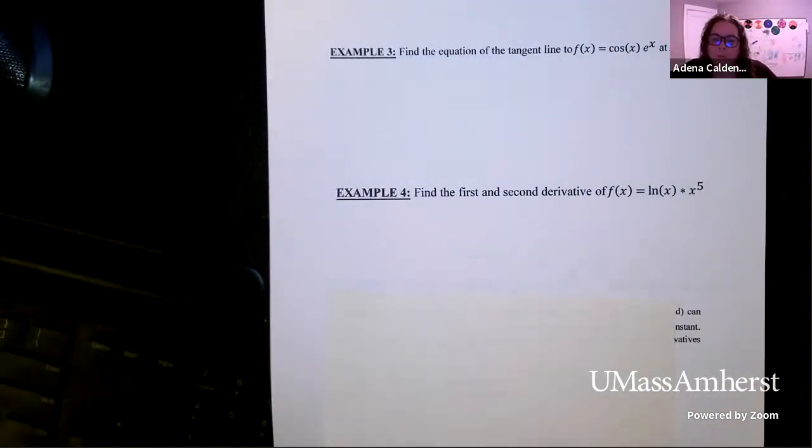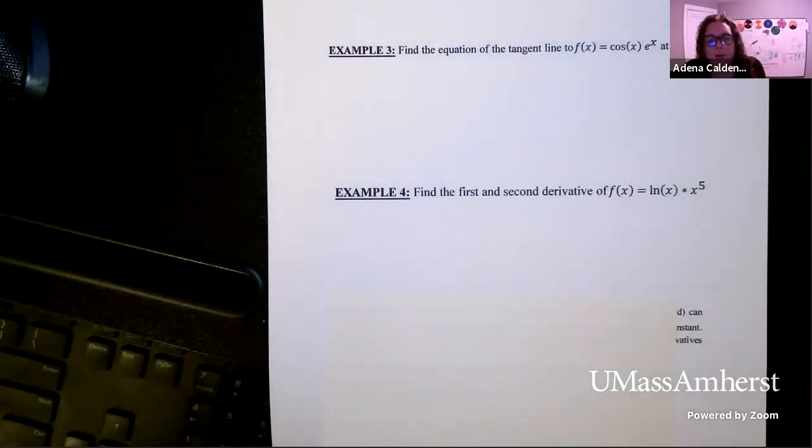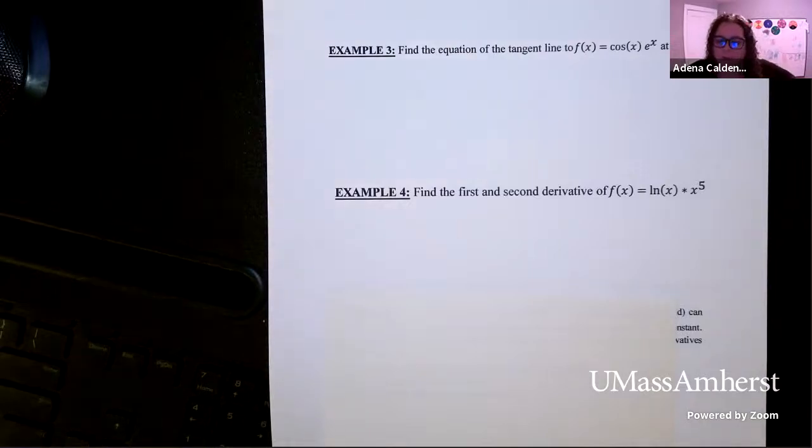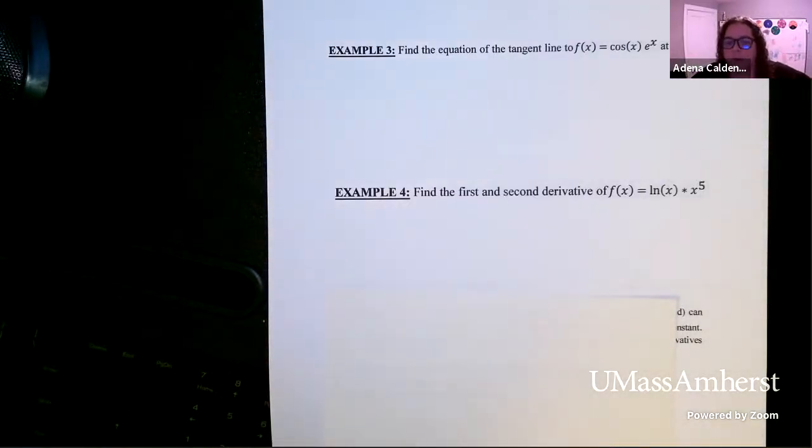So I'm going to give you about 4 minutes to try these out. You can do them in either order, whichever one you feel like tackling first. But hopefully it'll help you practice the product rule as we go along.